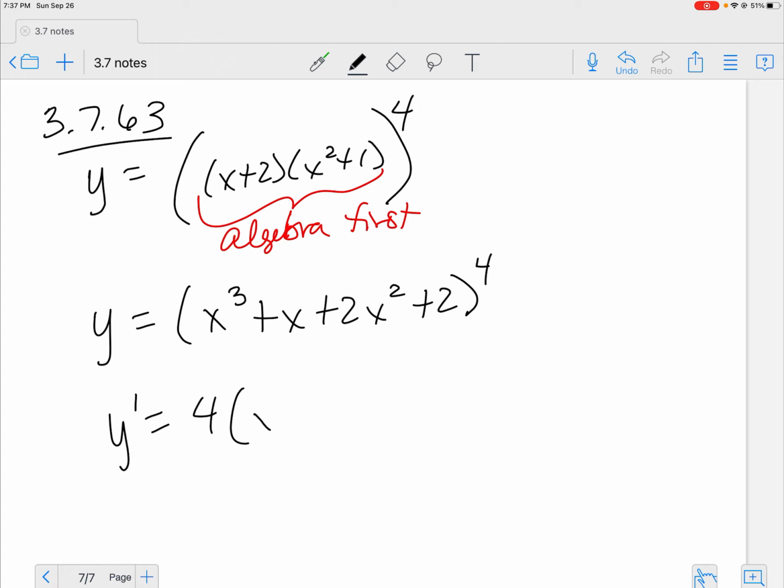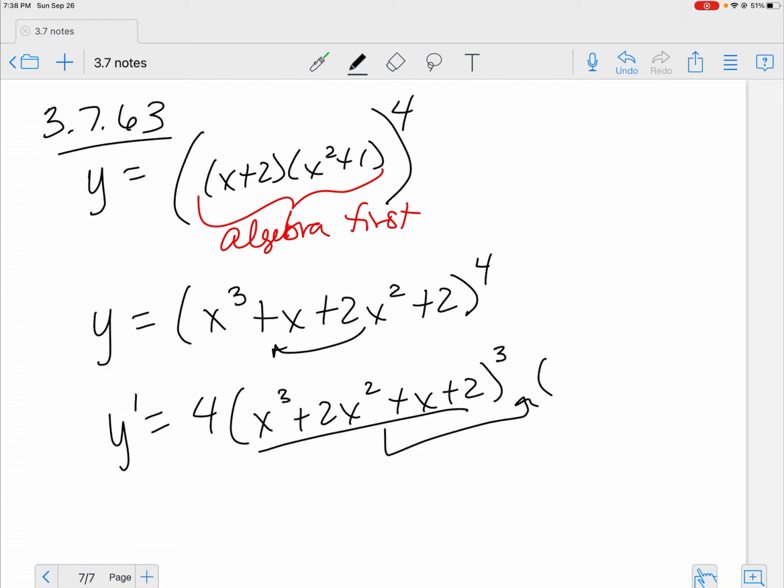Bring the 4 in front. I keep these guts, and I'm going to go ahead and rewrite these so that I can have it in descending order: x cubed plus 2x squared plus x plus 2, cubed, because remember it's derivative, times the derivative of the inside, 3x squared plus 4x plus 1.